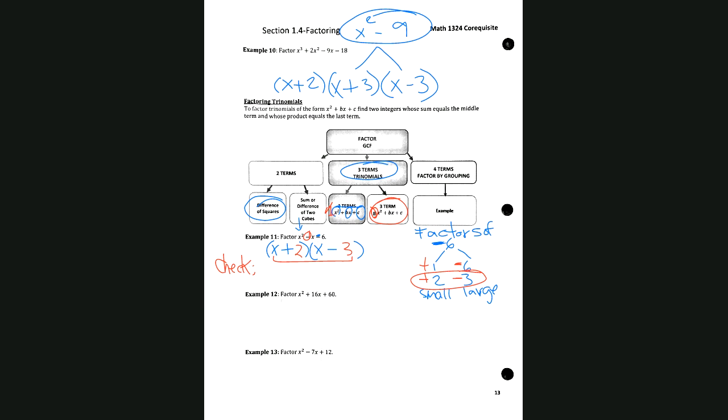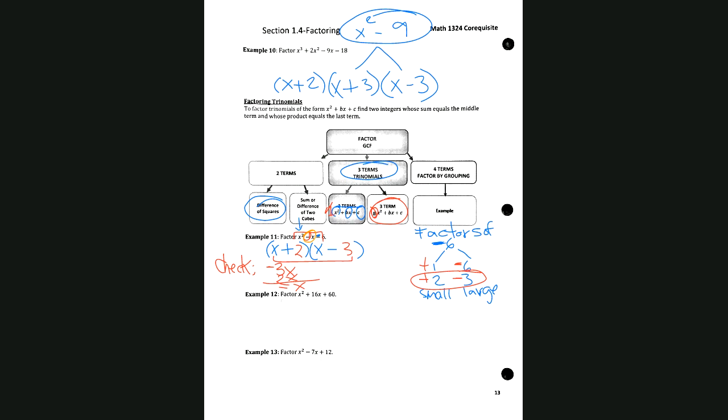So x times -3 will be -3x. And then the terms on the inside, 2 times x positive, so 2x. And if we combine those, we will get -x, which is the term that we were looking for right here.